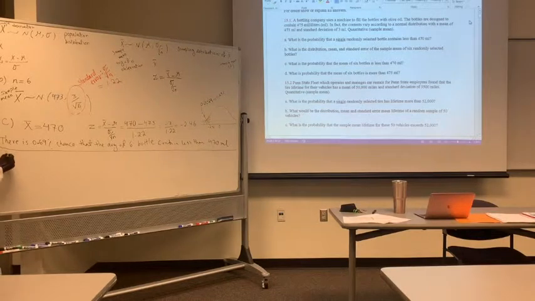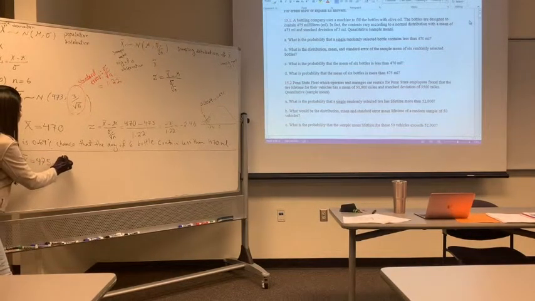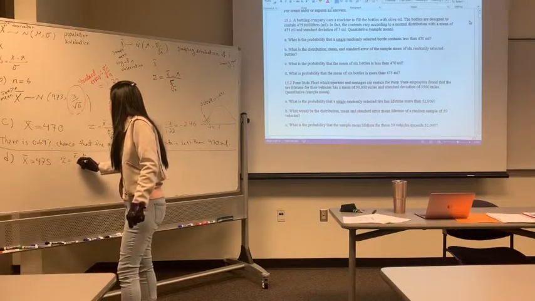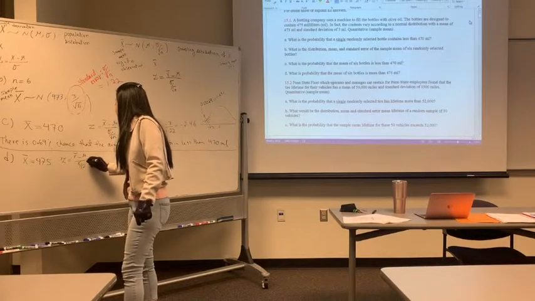Part D says, what is the probability that the mean of 6 bottles is more than 475? So again, we are talking about the sample mean xbar, correct? We are still going to use the same distribution, right? But now we are starting with xbar equal 475, and we find the z-value for this xbar: xbar minus mu divided by sigma over square root of n.